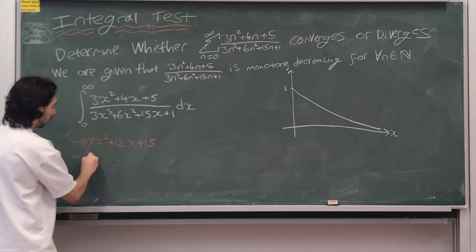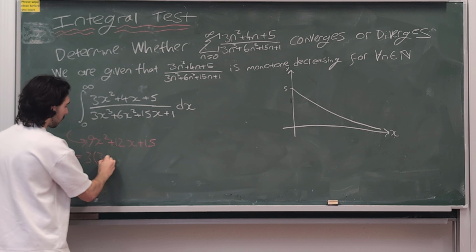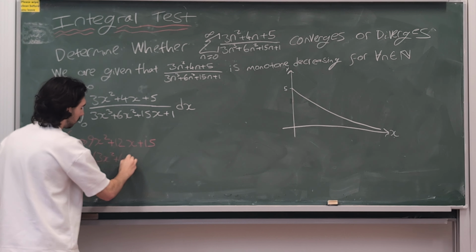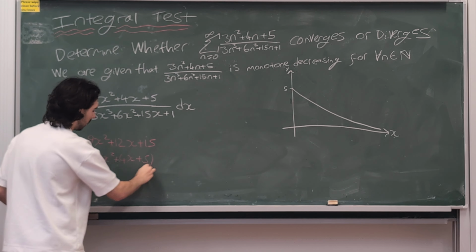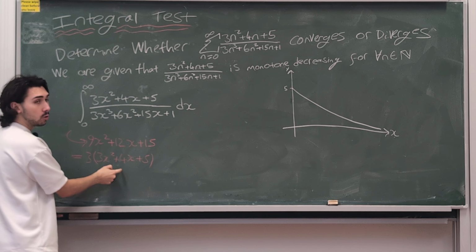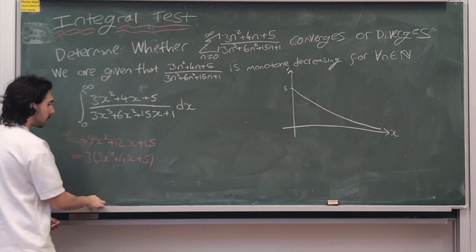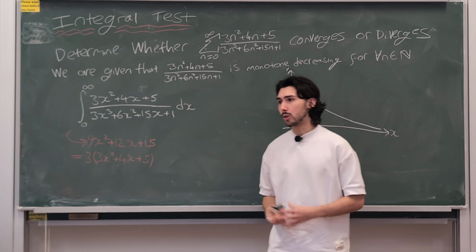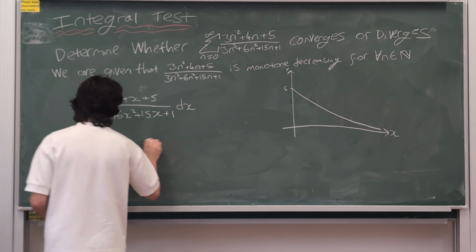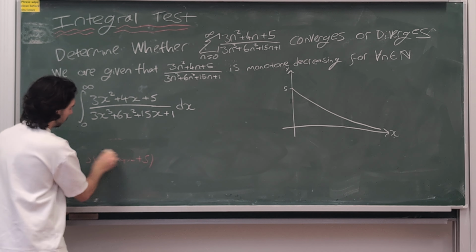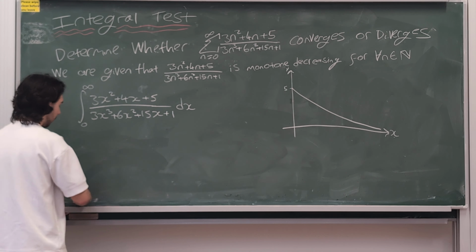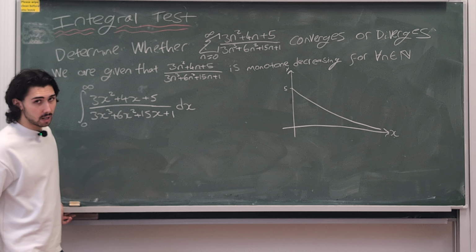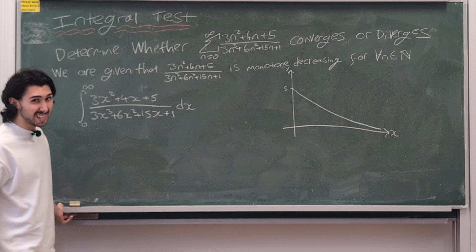And do you see that that is 3 times 3x squared plus 4x plus 5, which is the numerator? So because the numerator is a multiple of the derivative of the denominator, we can use the reverse chain rule, and actually this is going to be a very easy integral.